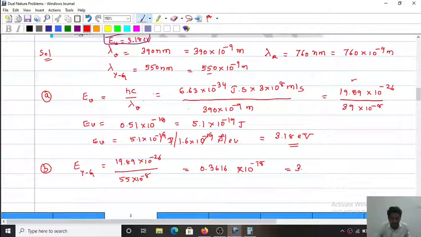You can write it as 3.616 into 10 power of minus 19, approximately 3.6 into 10 power of minus 19 joules.